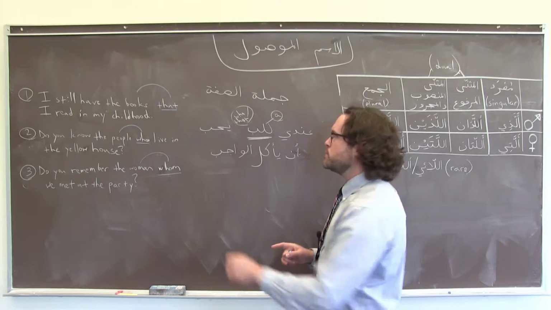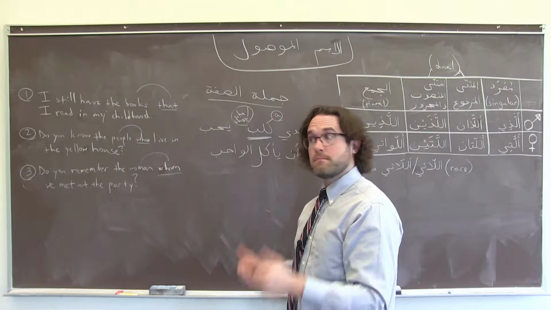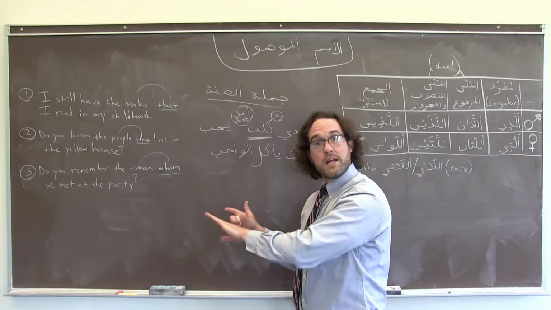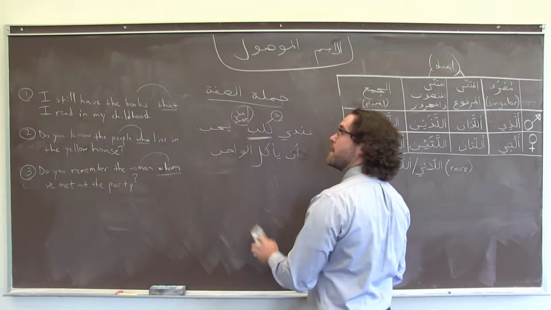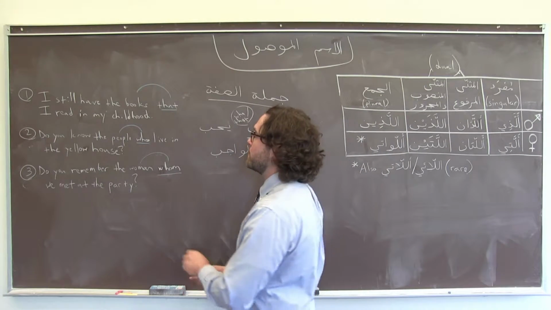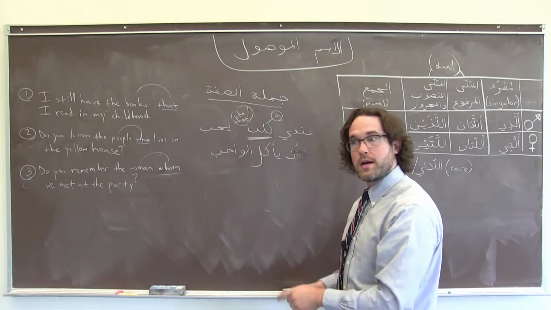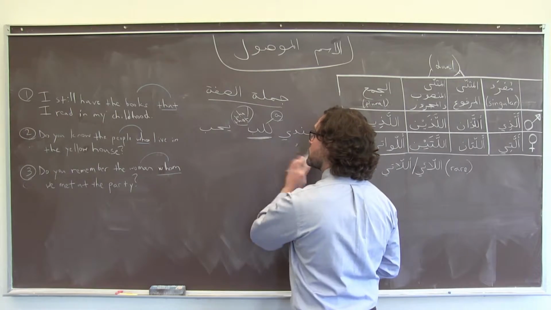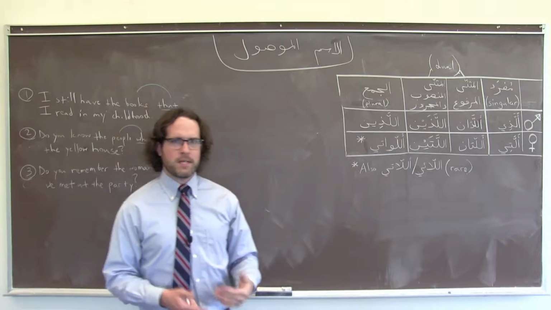So if you need a refresher, go ahead and look at that video, Jumlat al-Siffa, because we don't need any word at all. What we're talking about today is sentences that have definite nouns, followed by relative pronouns. The books, the people, the woman, etc. In that case, we do need a relative pronoun in the Arabic sentence.